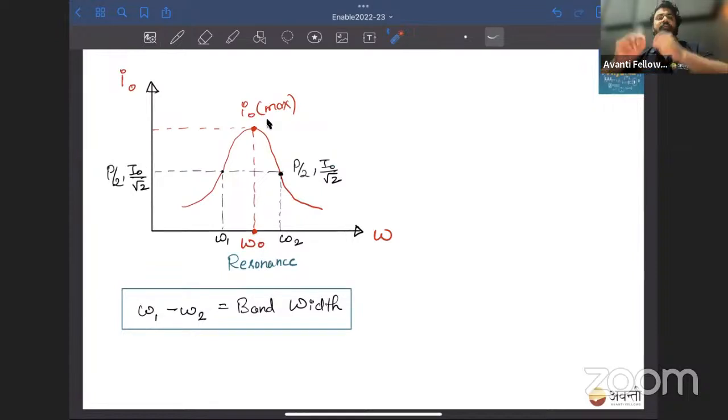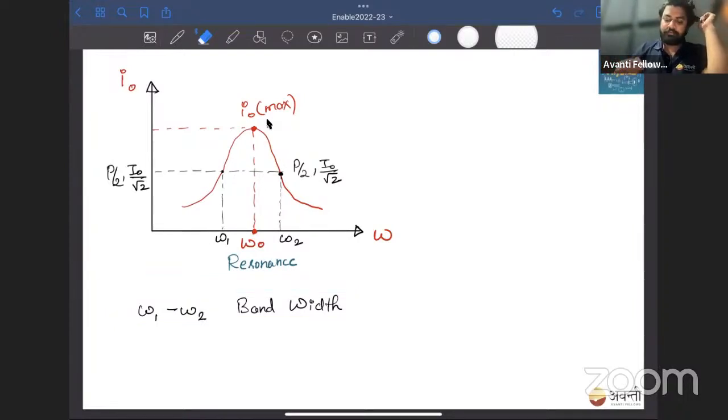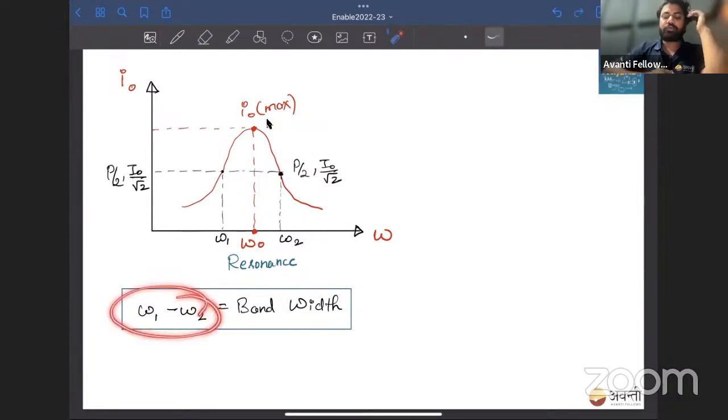Bandwidth is the difference of the frequencies at which the power is halved and the current is 1 by root 2 times. Okay, so in this range, if you keep any other signal, it will be called channel mixing.